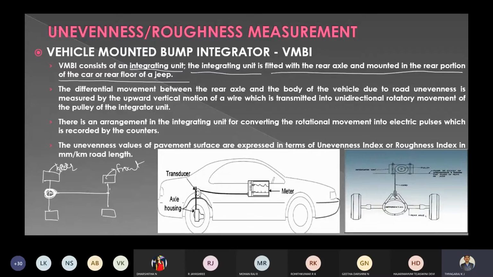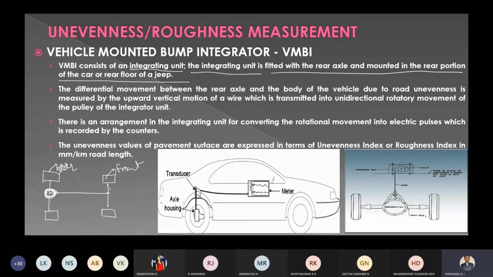So if there are any undulations, if the road is of undulated type, the pulley arrangement will fluctuate. The pulley arrangement or the integrating unit will be fluctuating, and it will be recording the unevenness reading.